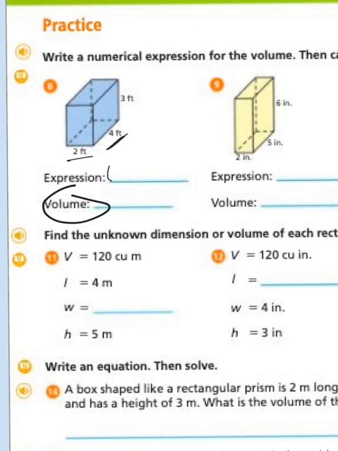So we'd have parentheses 2 times 4 parentheses, and then we would times that by the height of 3. And then you would multiply that out, and then this would be feet cubed in the end, or cubic feet. So you can do problems 9 and 10 in the same way.